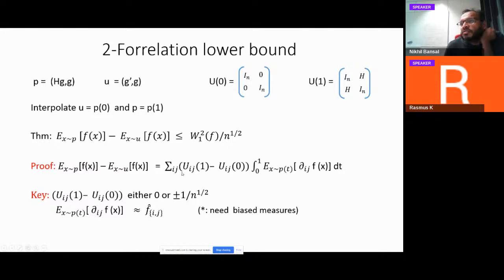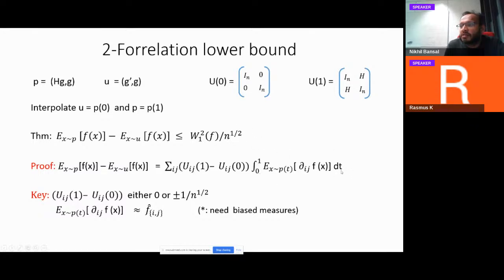So the difference for any entry ij is either 0 or plus or minus 1 over root n, because the only way these two covariance matrices differ is by these entries h, which have 1 over root n entries. So all these numbers are either 0 or plus or minus 1 over root n. Good. So this is what's going to give the root n here.